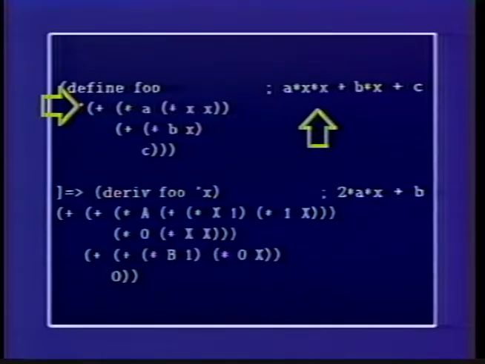Well, the derivative of foo with respect to x, which we can see over here, is this horrible, horrendous mess. I would like it to be 2ax plus b, but it's not. It's equivalent to it. What is it? I have the derivative of the product of x and x over here is, of course, the sum of x times 1 and 1 times x.